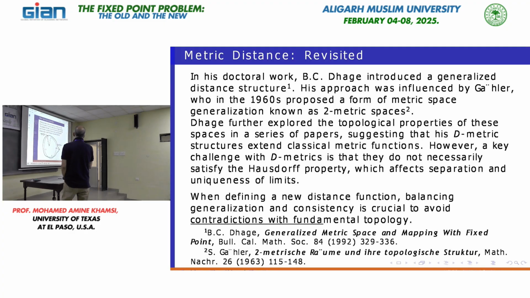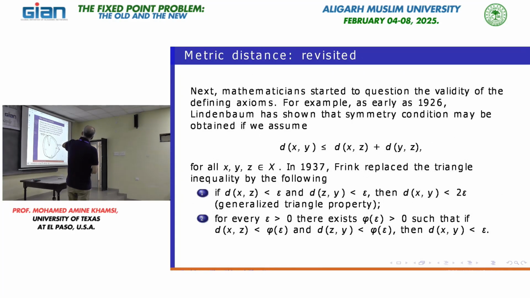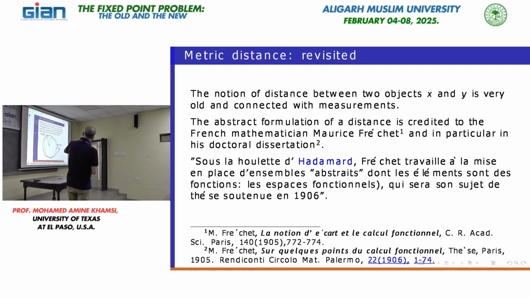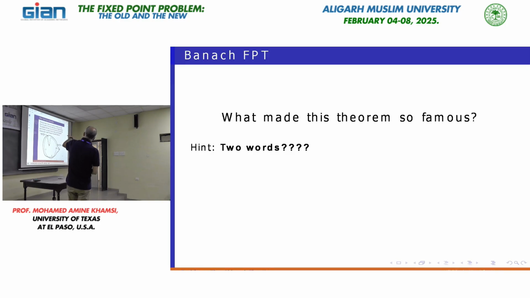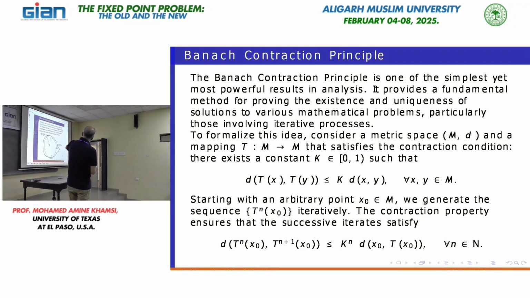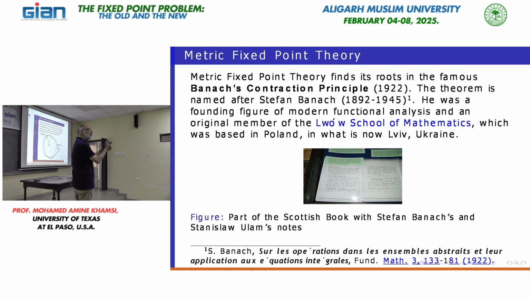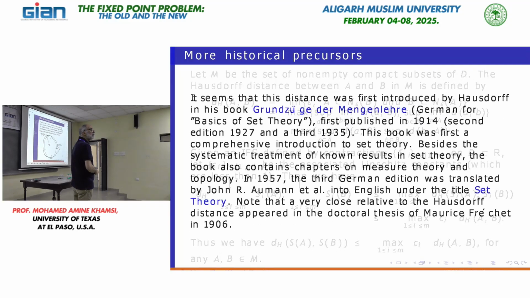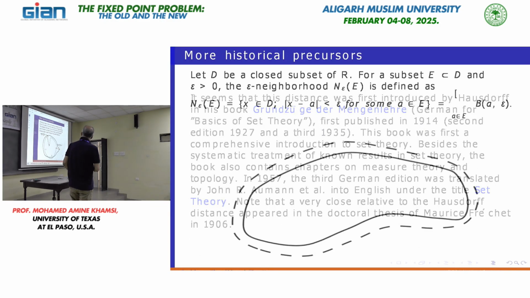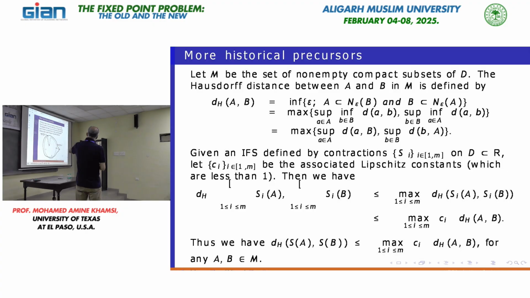You see, this is how you define the distance between the green one and the other one. It's the supremum of the infimum, and the supremum of the infimum reversed, and you take the max. Okay? That's the distance between the two sets.